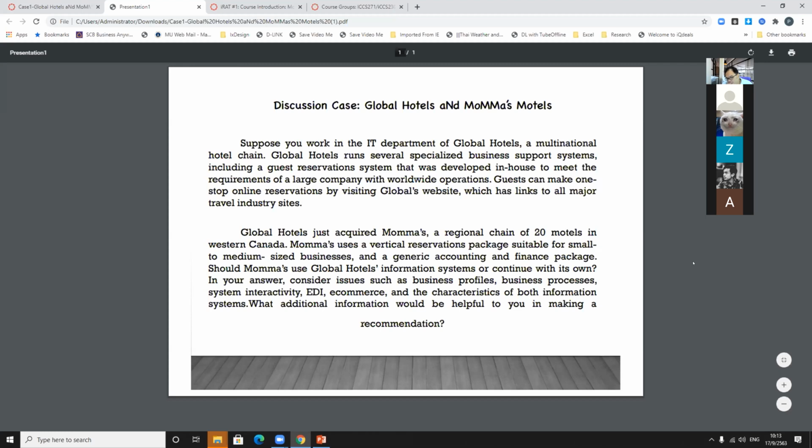That's our goal, to minimize the cost and difficulties when transferring information. Imagine if you want to reserve a hotel from outside Canada, it's going to take a longer time than when you reserve locally, because they are two different systems, and they have to change something before getting into Mama's system.